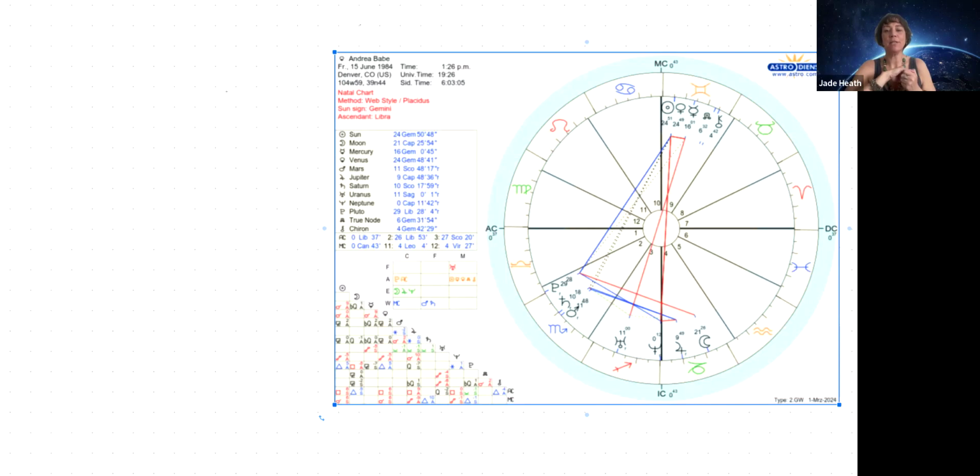Any other male dominated industry, which there are so many of, could be an opportunity for this person to be making good money. And it doesn't necessarily have to be masculine, but I would say structured. Structure is important here because you have Saturn and Pluto and Mars. There is a deeper conversation that's happening here.